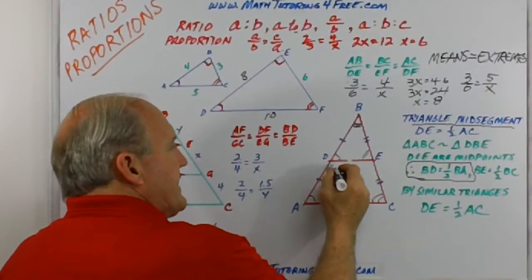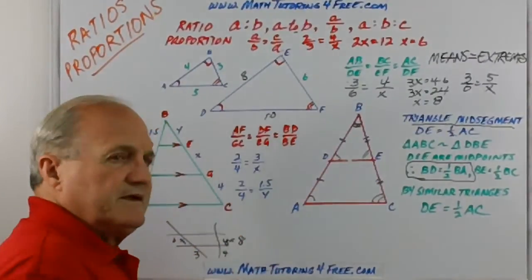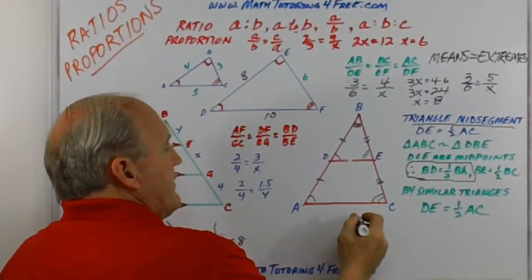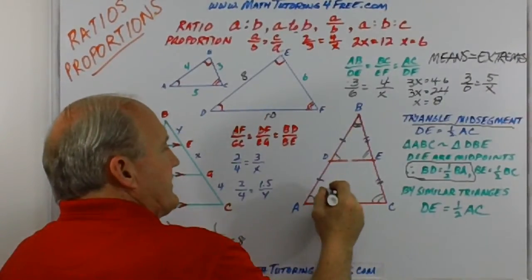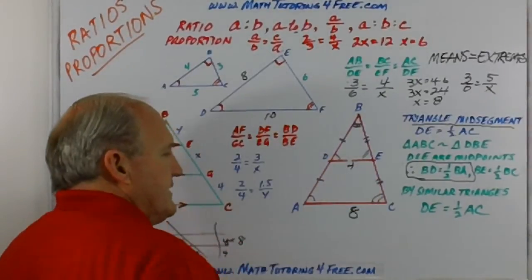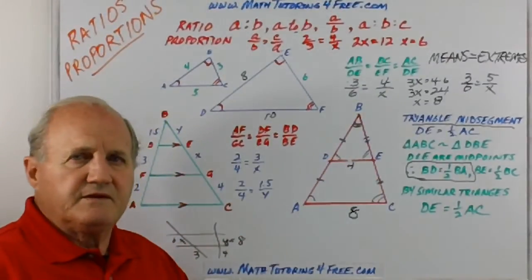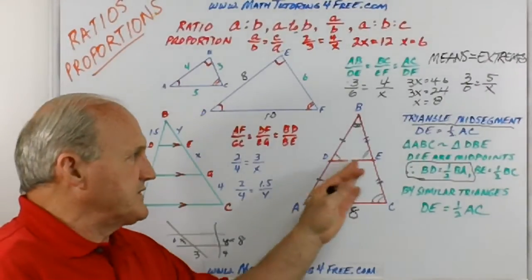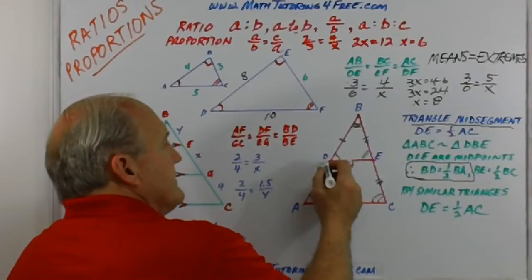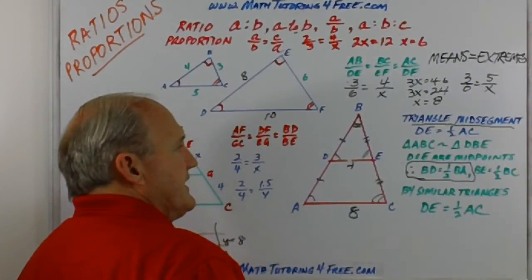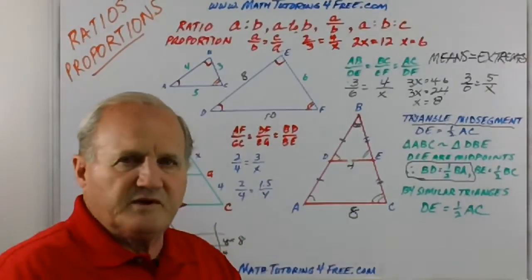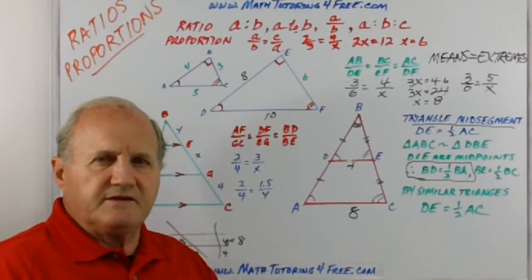So what's that say about our midpoint section? DE is going to be half of AC. So if you saw some numbers up here, and this turned out to be 4, you know that's going to be 8. Just remember, it's the midpoints, and that mid-segment is going to be half of the base, or the parallel side.